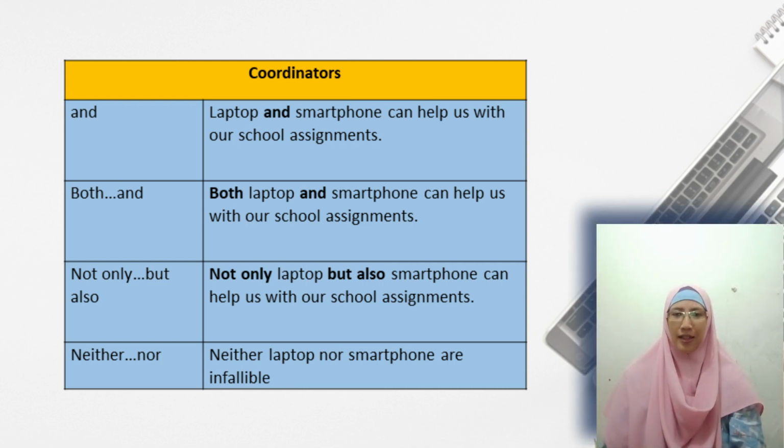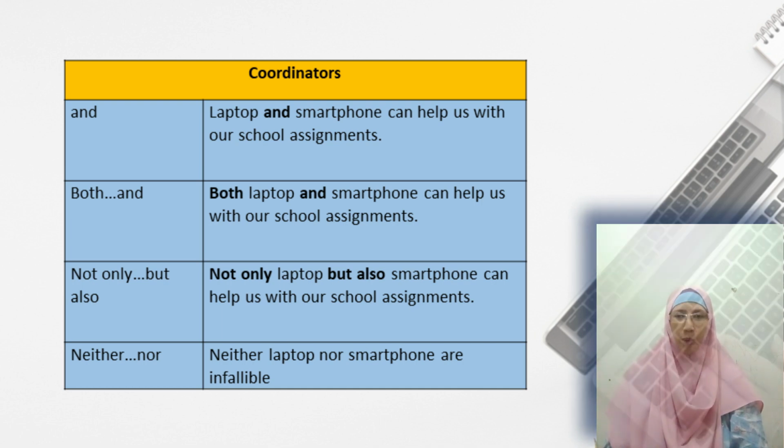Next is another example of comparison signal words in the coordinators part. Those are and, both, blah blah blah, and, not only, blah blah blah, but also, neither, blah blah blah, nor.